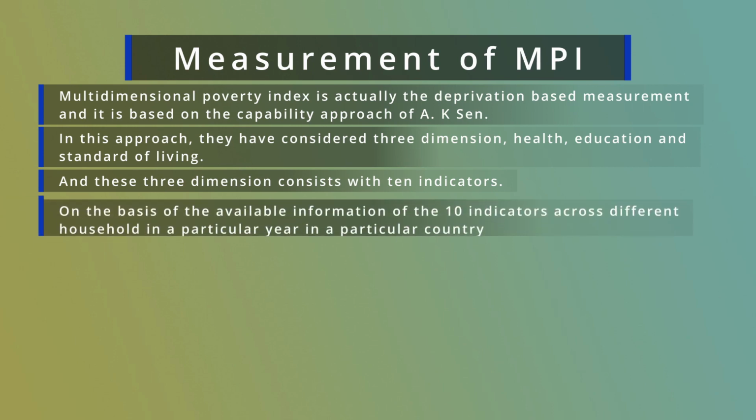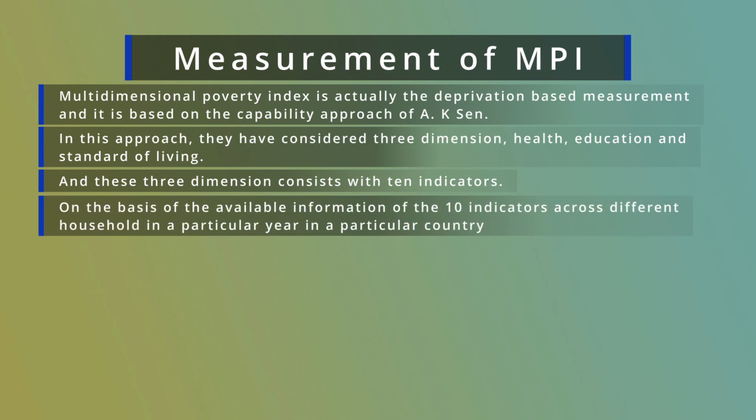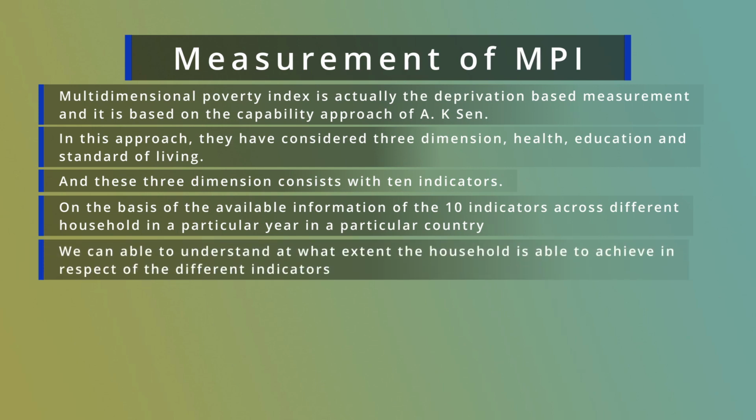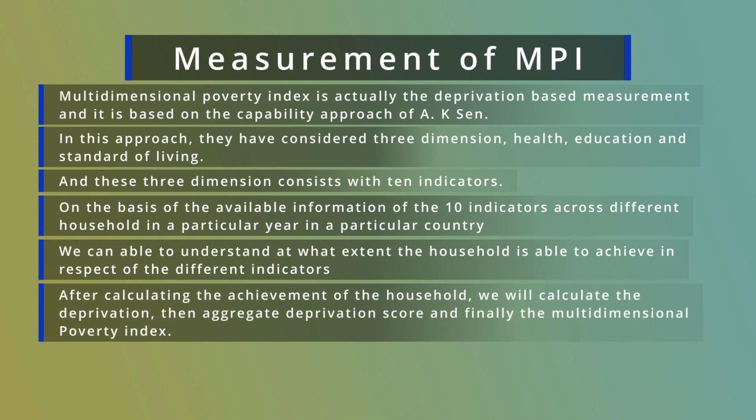On the basis of the available information on the 10 indicators across different households in a particular year in a particular country, we can understand to what extent the household is able to achieve in respect of the different indicators. After calculating the achievement of the household, we calculate the deprivation, then the aggregate deprivation score, and finally the multidimensional poverty index. These figures help us to understand the composition or structure of the index.